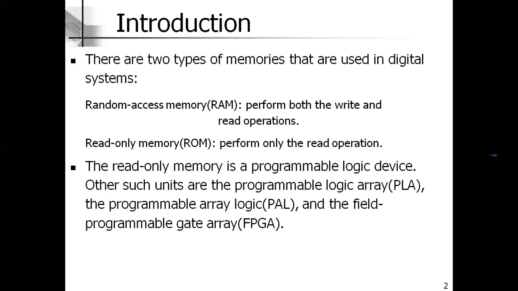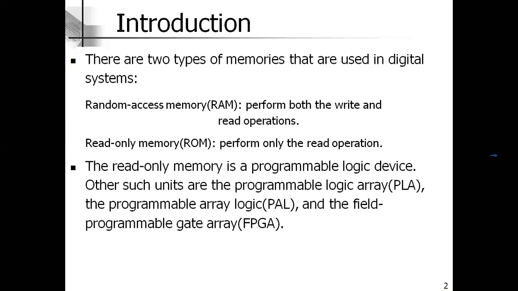So there are two types of memories, RAM and ROM. RAM performs both read operation and write operation, and it is a volatile memory. Read-only memory performs only read operation, so it is a non-volatile memory.